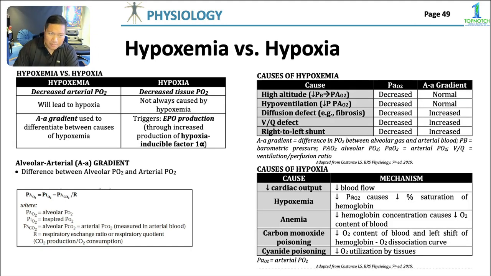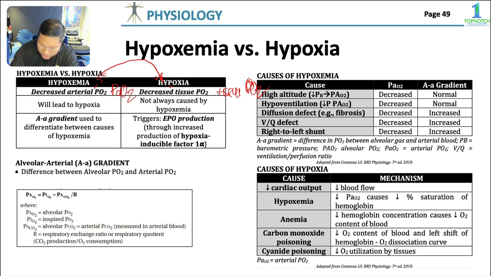Okay? Hypoxemia versus hypoxia. Hypoxemia is not synonymous with hypoxia. When you say hypoxemia, mababa ang arterial PO2. Pag sinabi mong hypoxia, mababa ang tissue PO2. Okay? Can hypoxemia lead to hypoxia? Yes. But are all cases of hypoxia caused by hypoxemia? No. Hypoxemia leads to hypoxia, but not all cases of hypoxia comes from hypoxemia.